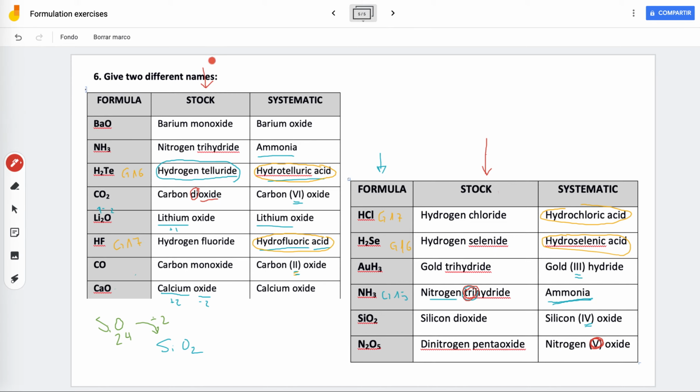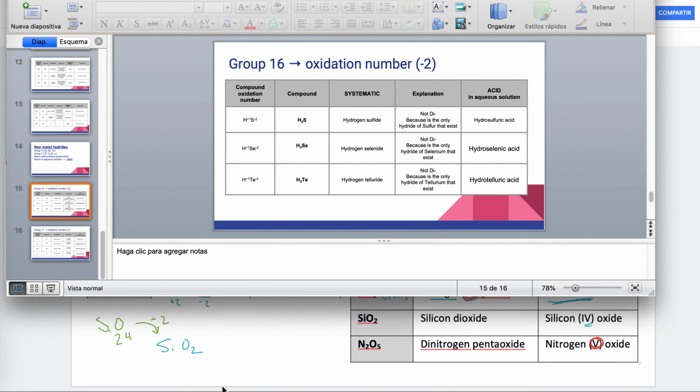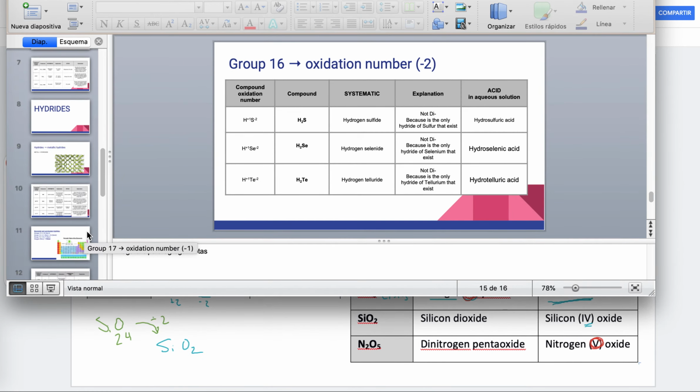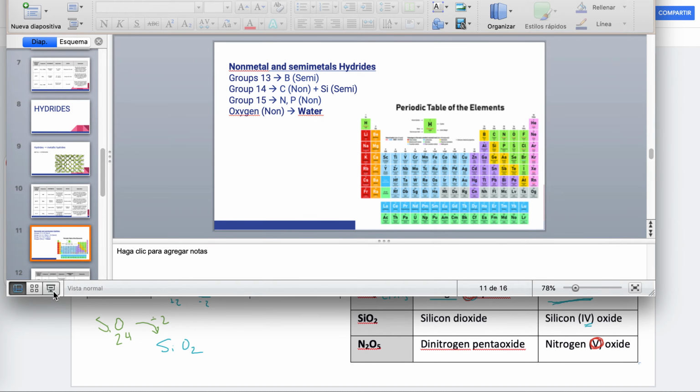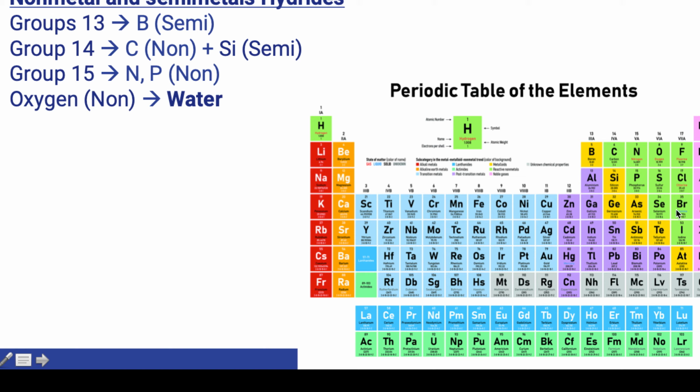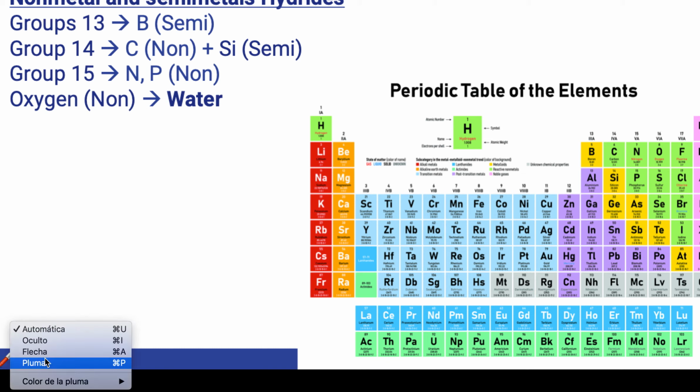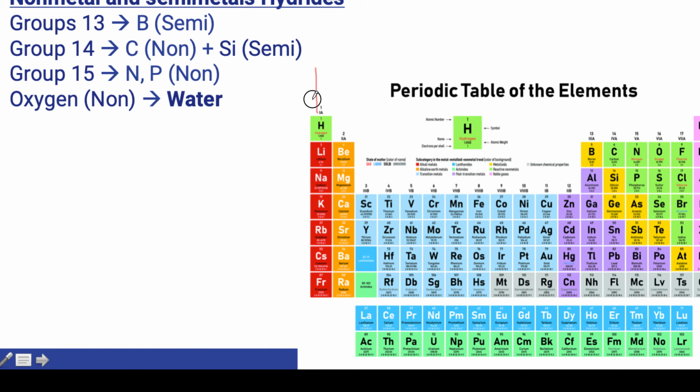I'm going to open the PowerPoint. We need to remember that the elements of these two columns are very simple. So for example, here lithium oxide, yes, we know that the oxidation number of oxygen is 2 and lithium is +1.